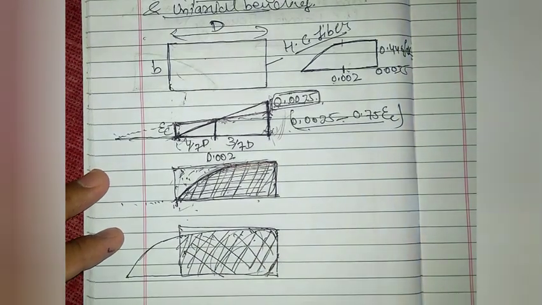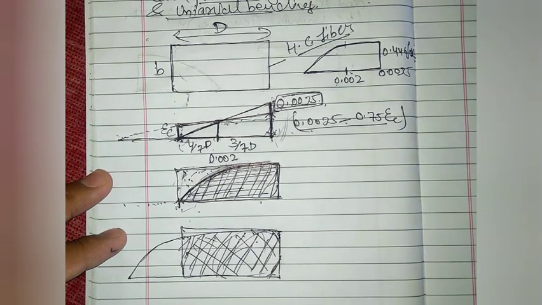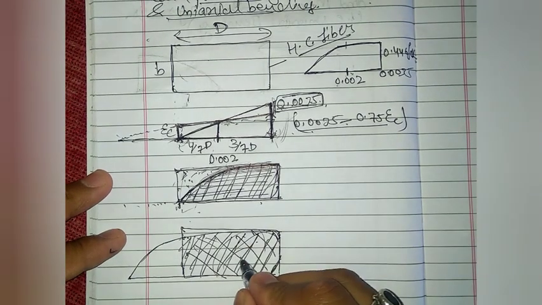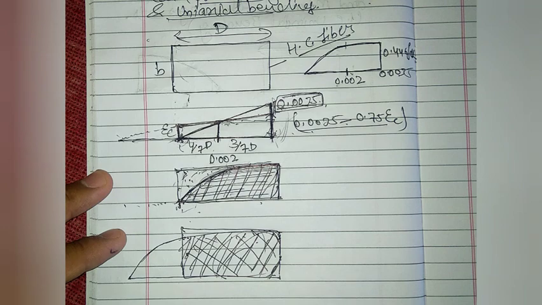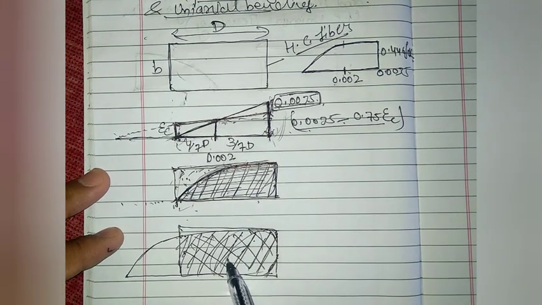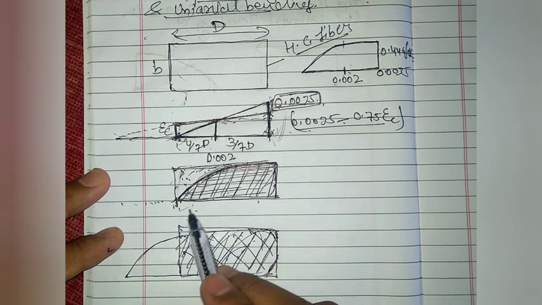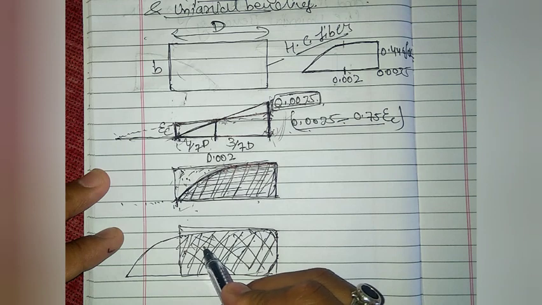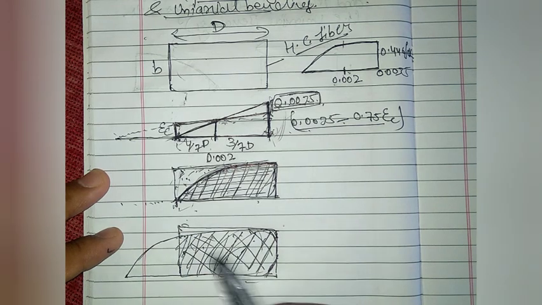Now what is the main objective? The main objective is to know the value of P and M for this section to behave safely.